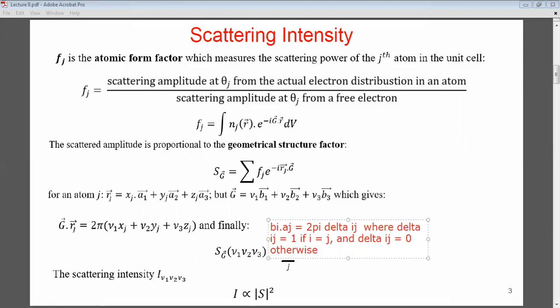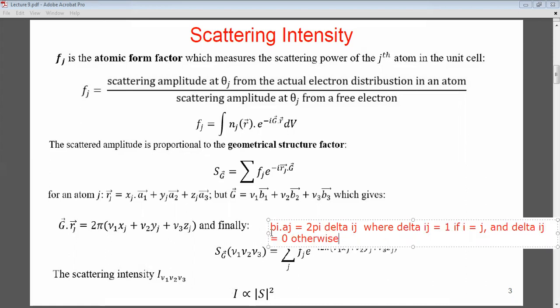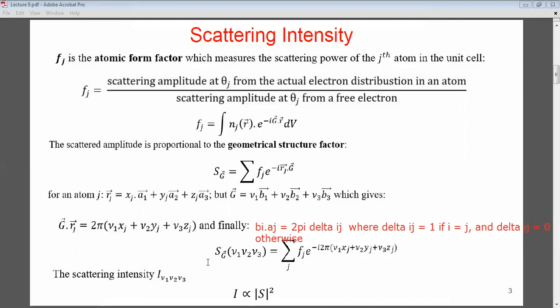And that's how I got that G dot R is 2 pi (v1 xj plus v2 yj plus v3 zj). Finally, I get my geometrical structure factor S(G), or S(v1, v2, v3), equal to the summation over how many atoms I have in the unit cell of the form factor multiplied by e to the minus i 2 pi (v1 xj plus v2 yj plus v3 zj).